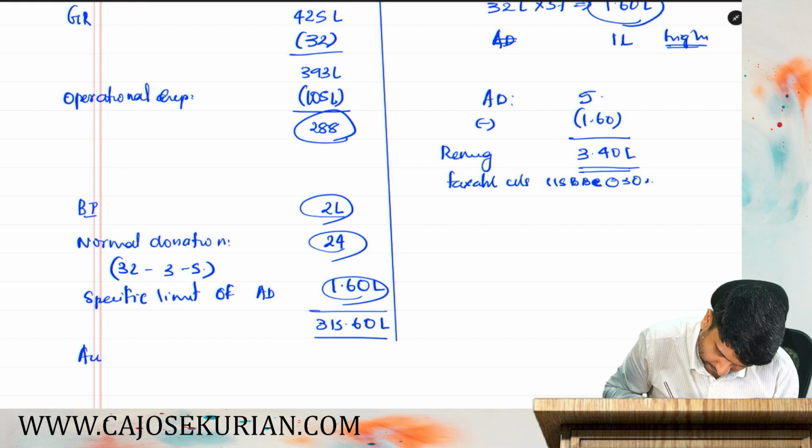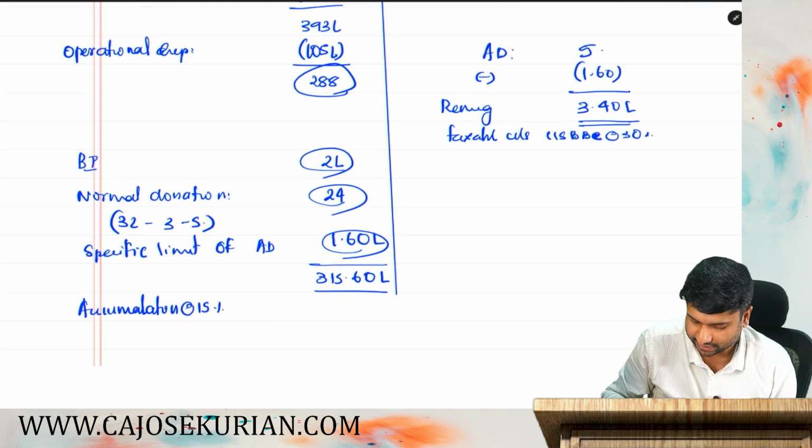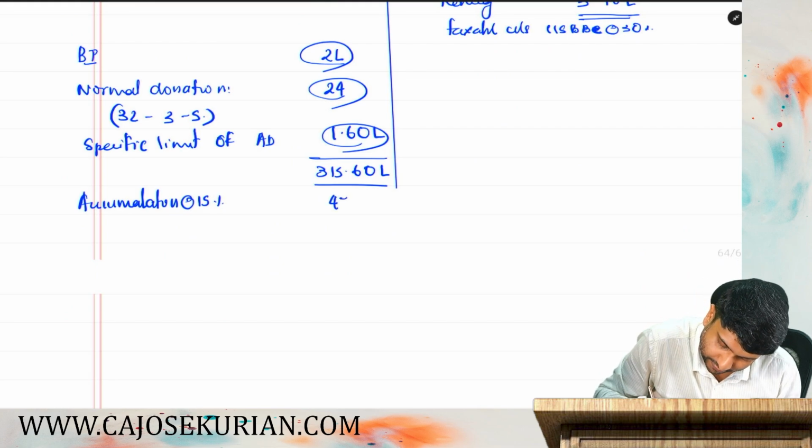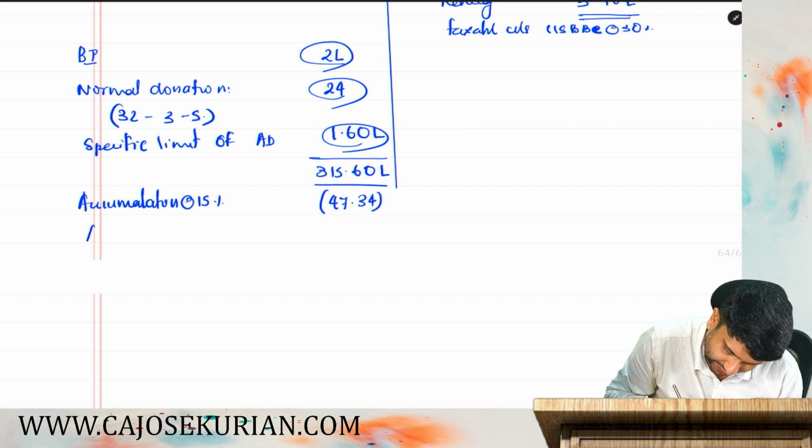Now, accumulation at 15%. How much is 15% accumulation? 47.34. How much is the amount to be applied? 268.26.